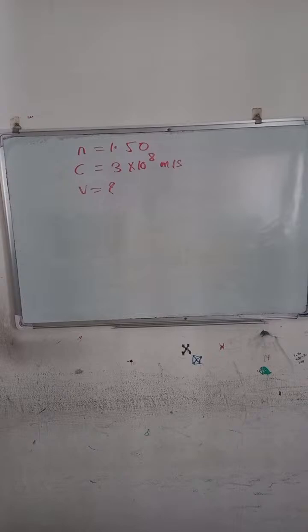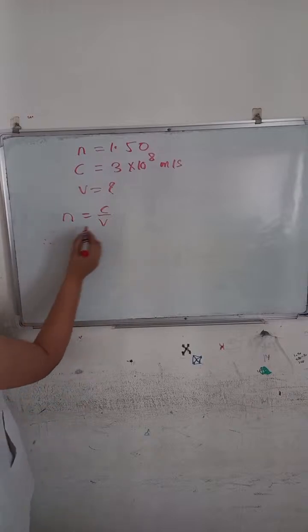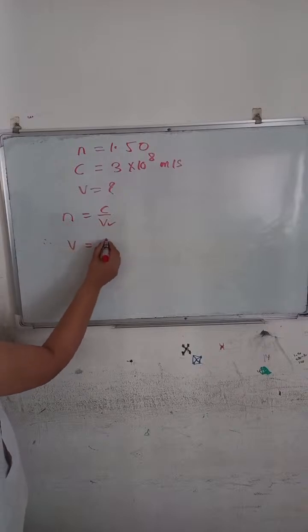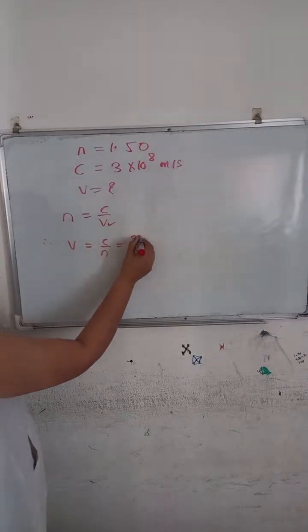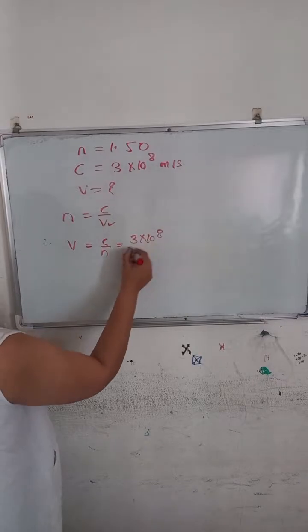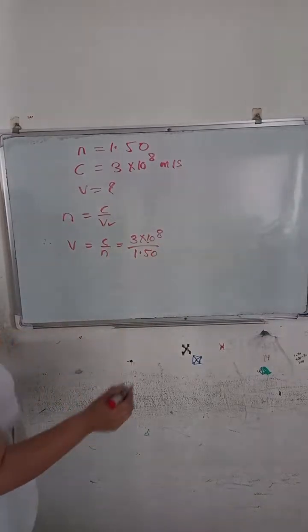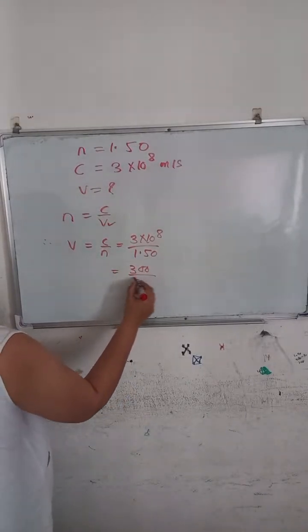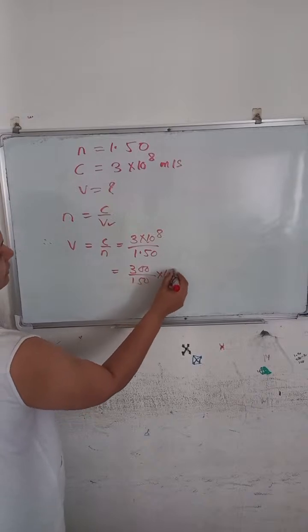Okay, and we have the formula refractive index is equal to C by V, correct? So we have to find V. So I'll rearrange for V: C by n. So C is 3 into 10 raised to 8 divided by 1.50. Okay, so you can simplify, this is 300 divided by 150 into 10 raised to 8.